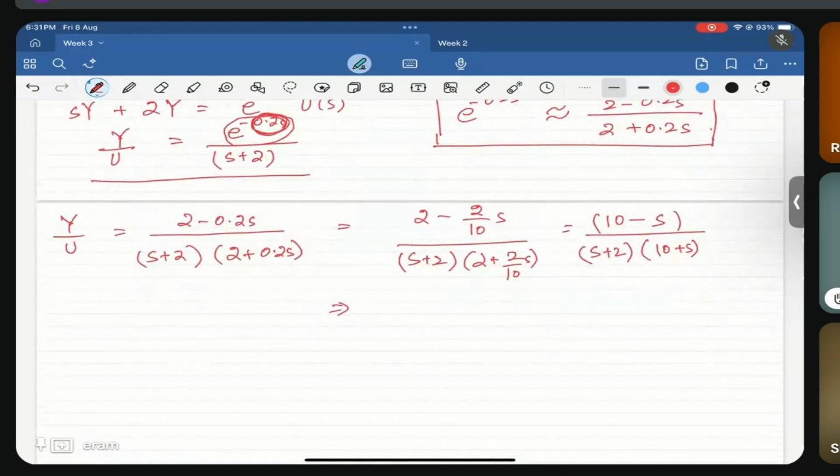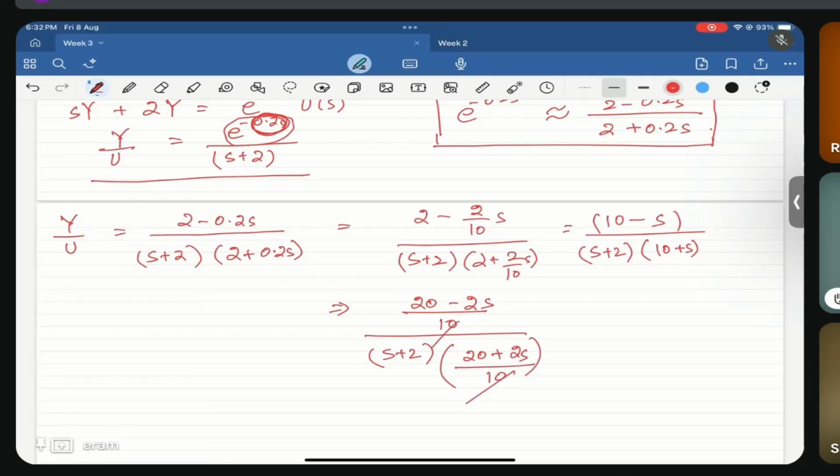So what I have done, I have taken the LCM as 10, so it was 20 minus 2s divided by s plus 2, and 20 plus 2s divided by 10, so the 10s cancelled, and the 2 is also cancelled, so we're left with 10 minus s by s plus 2 times 10 plus s.